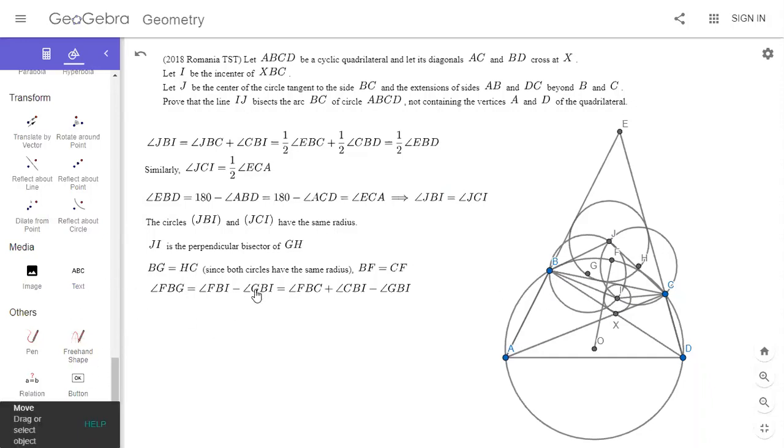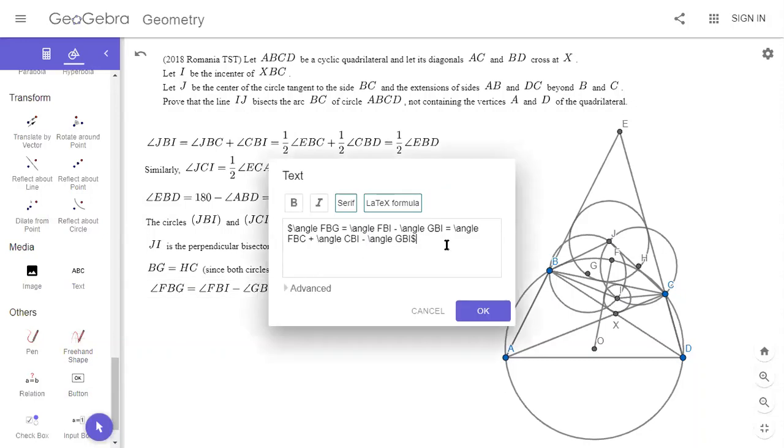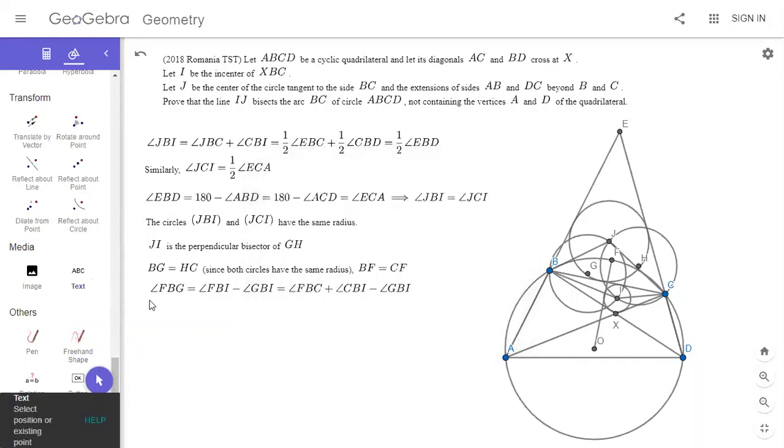I'll just write it out like this. I hate it when it does that. I'm just going to copy this into another text box.